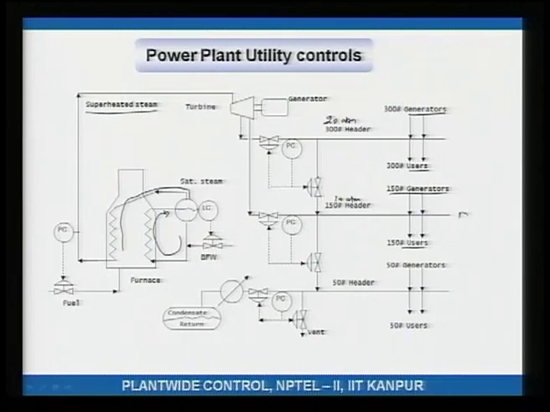This is the medium pressure steam header, this is the high pressure steam header. Some of this medium pressure steam again has its pressure dropped and is sent to a low pressure steam header, and the low pressure steam is being generated by many plants and used by many plants, the generators and the users of low pressure steam.